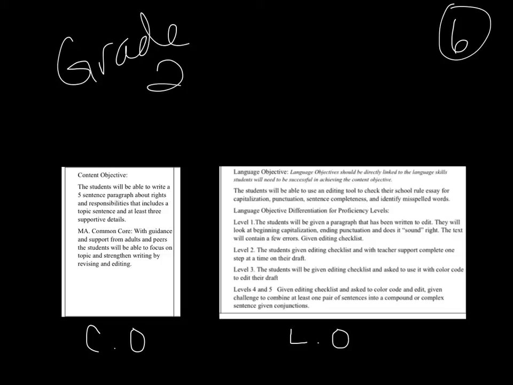This is for grade 2. So again, your content objective, which connects to the Common Core. And this class specifically was writing their own paragraphs. That will come into play in a second. So the domain here is clearly writing. They are writing their paragraphs.